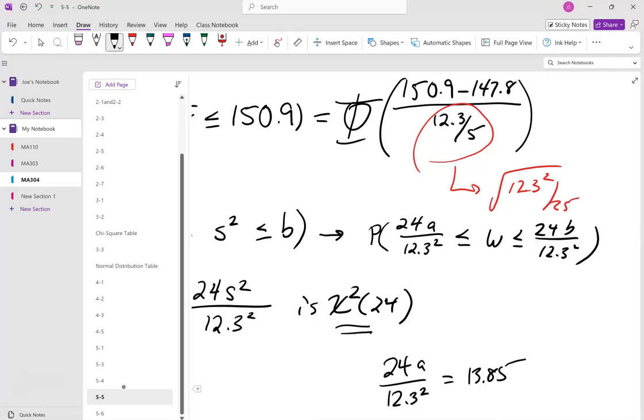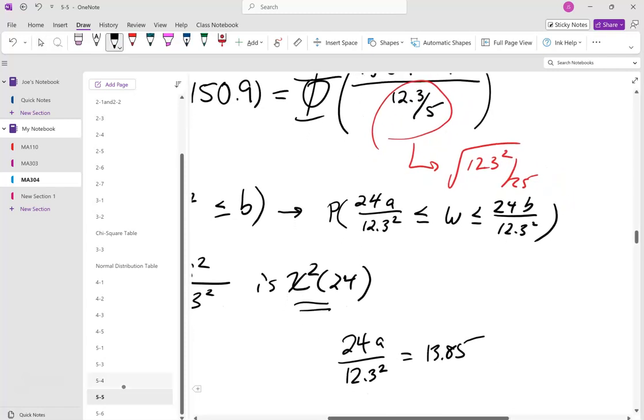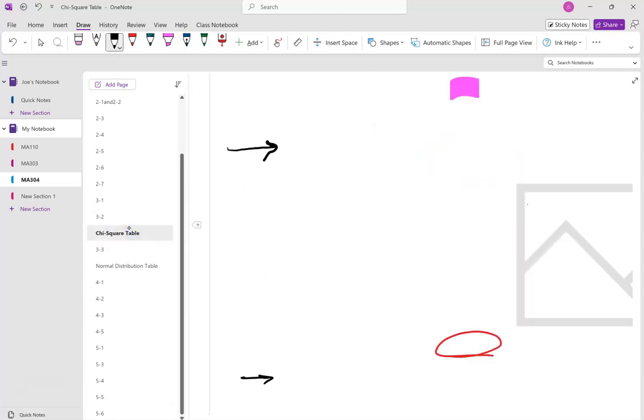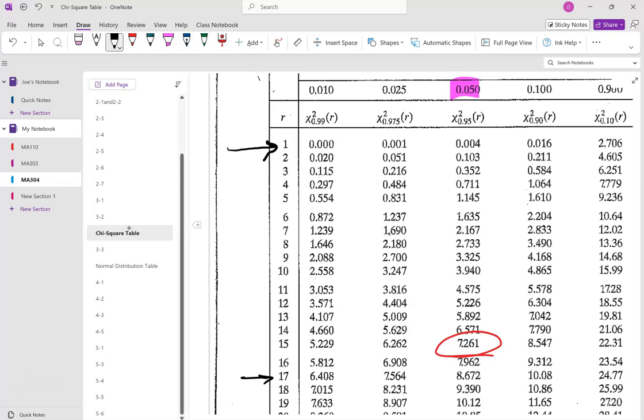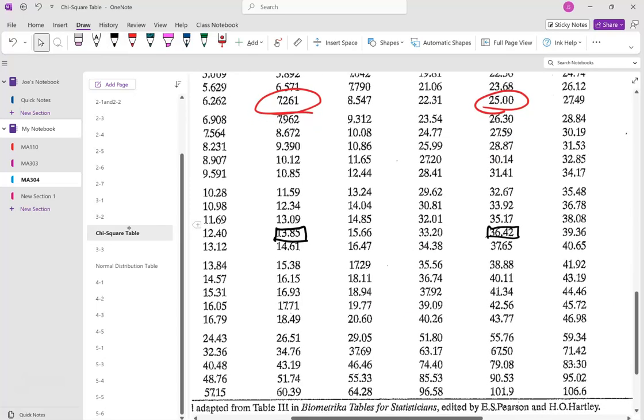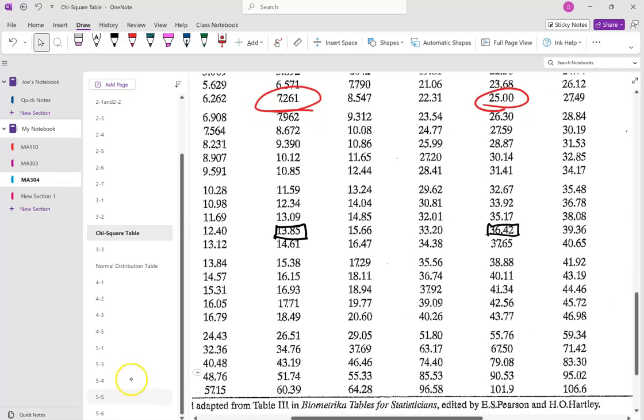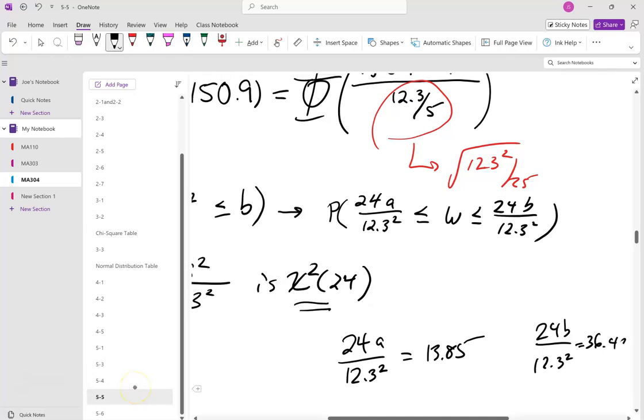That's the lower number that we would want. 24b over 12.3 squared is 36.42. Is that what I said? Oh, I did remember it right. 36.42. And then you can solve for your a and b at that point.